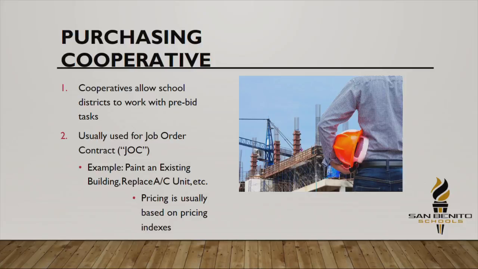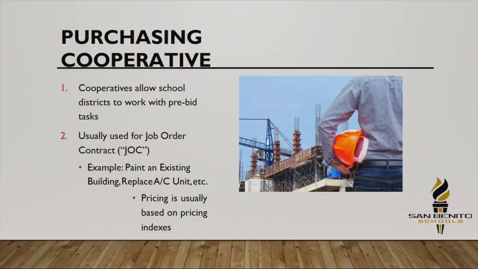the purchasing cooperative. So co-ops are really big entities that operate nationwide, if not internationally. A lot of the pricing that is done through BuyBoard and TIPS is great because there are certain things like software and trucks that are going to be standard pricing throughout the nation.